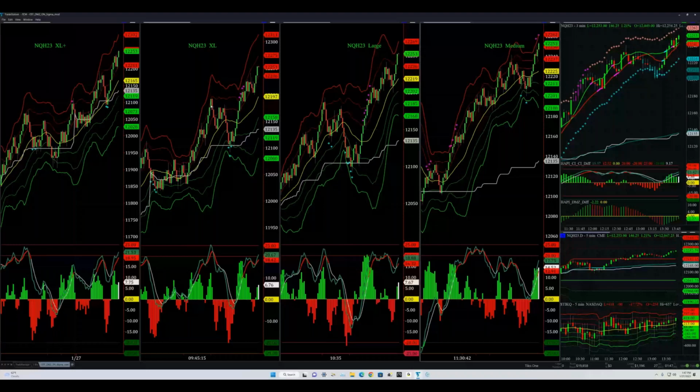If I wanted to trade this large one here, then I would skip to the next. What I like to do is see this blue CI line over 0. If it's over 0, then the trend is up.